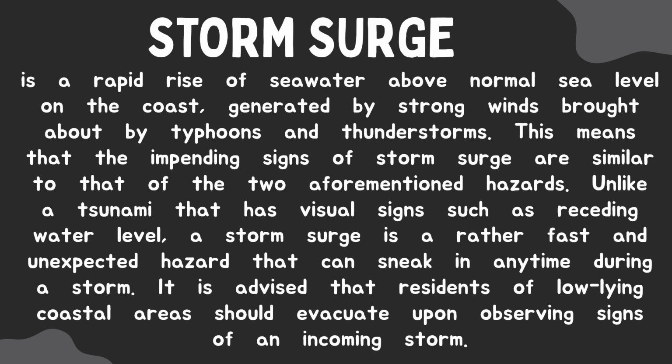Now, in the previous discussions, we were able to compare and differentiate storm surge and tsunami. Commonly, a tsunami comes from a disturbance undersea or underwater. Now, storm surge happens when there is a disturbance on the water level above the sea level.